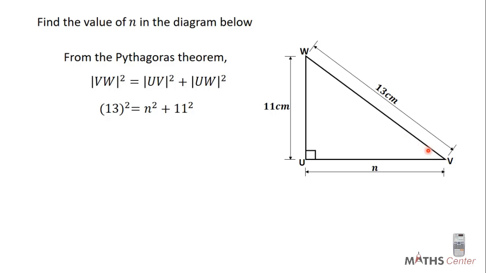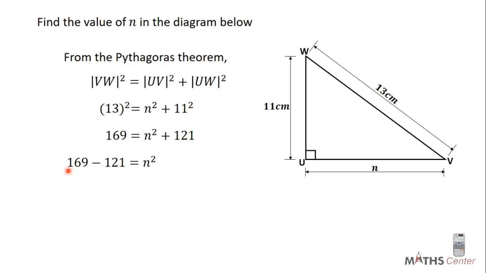From the diagram, VW is 13 centimeters. So 13 centimeters squared is equal to UV, which is n, so n squared, plus UW is 11 centimeters, so 11 squared. 13 squared is 169. 11 squared is 121. You can do this on your calculator.